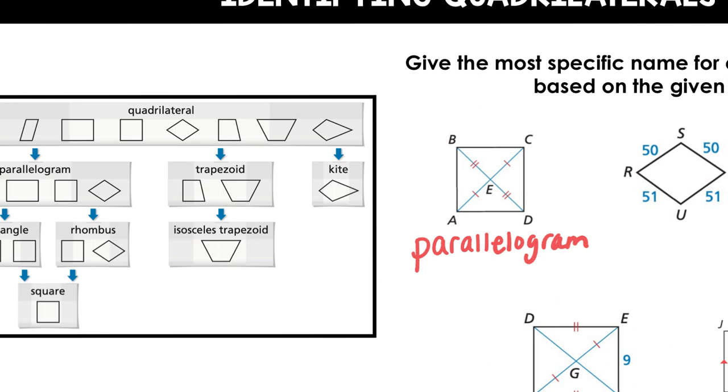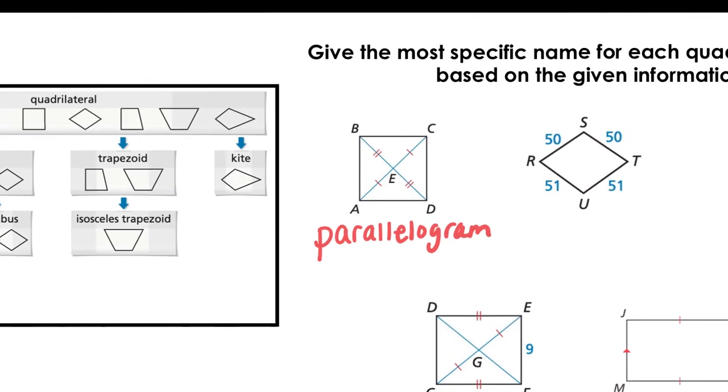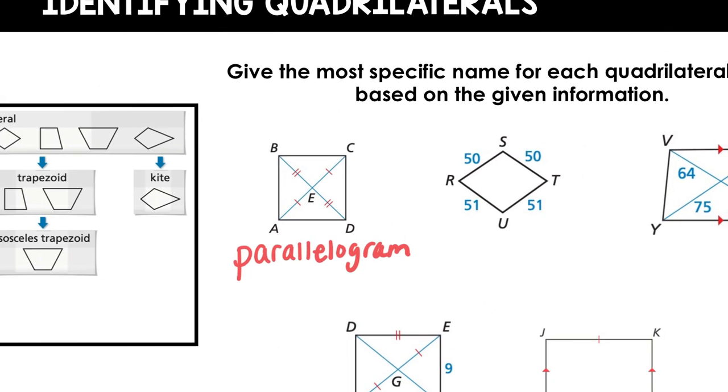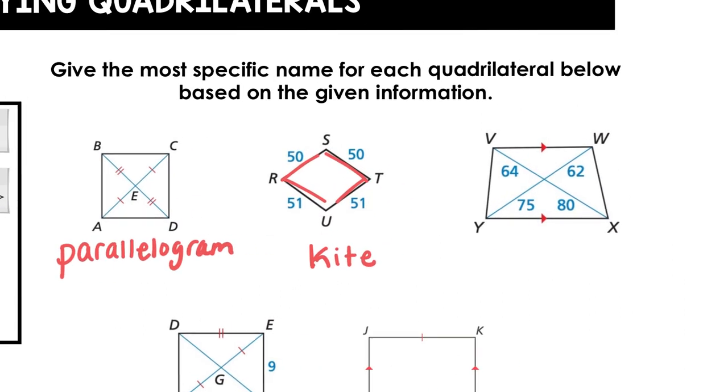Okay, then this one would be a kite, because I have two sets of congruent sides. So that one should be a kite. This one, I know it's a trapezoid.